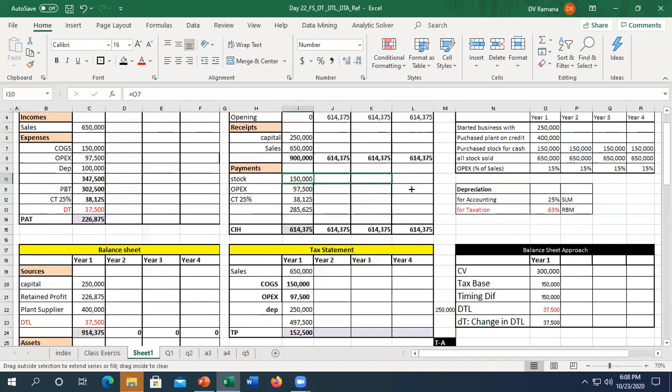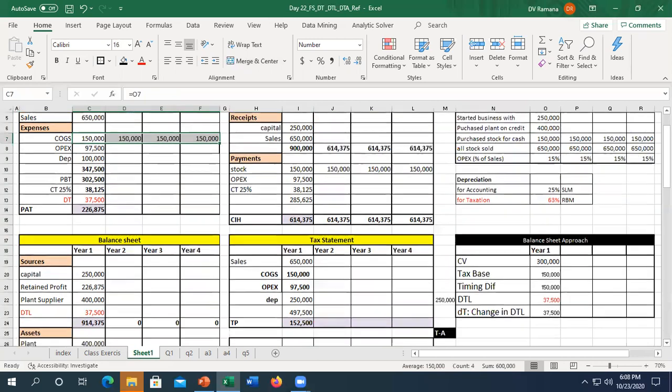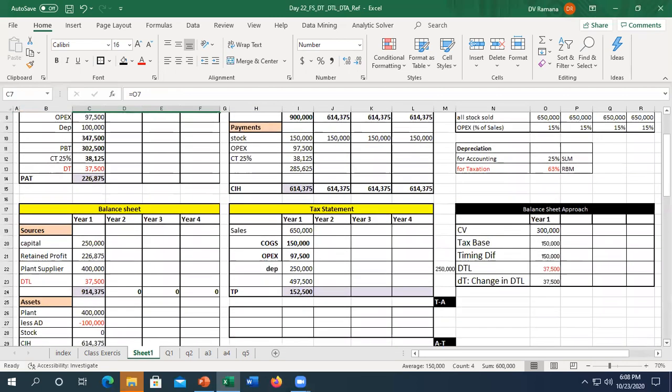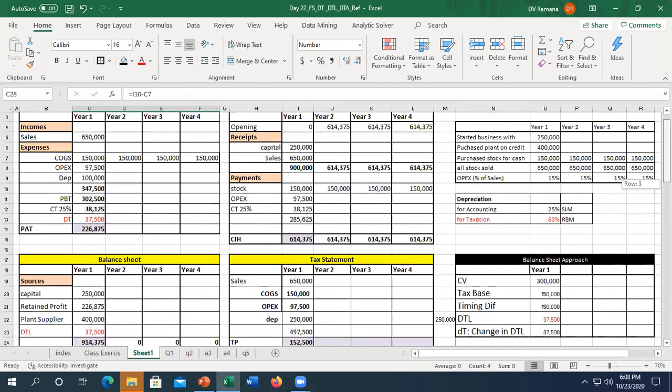I'm doing that for all 4 years at the same time. The stock purchase is immediately used, so it is sold in the year of purchase itself, and that is becoming COGS. As a result, the stock is zero throughout the 4 years of observation.